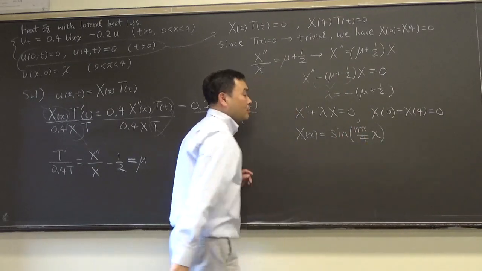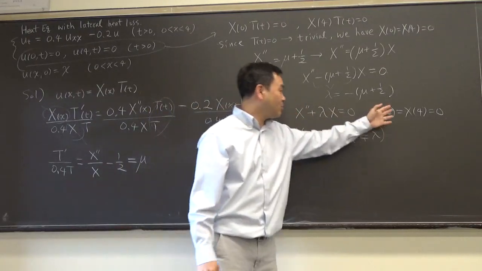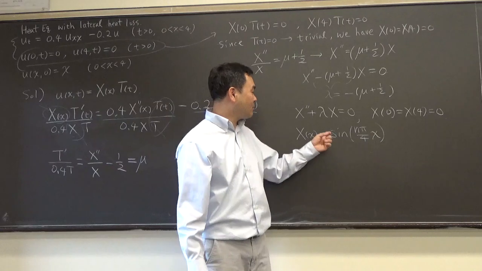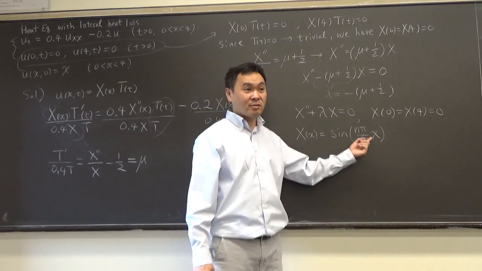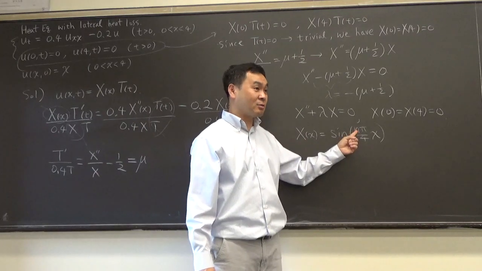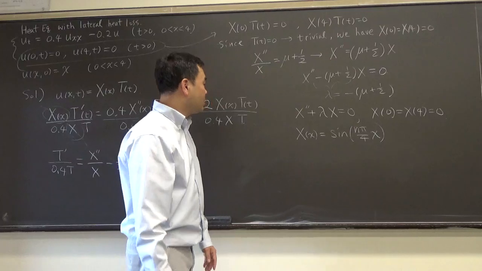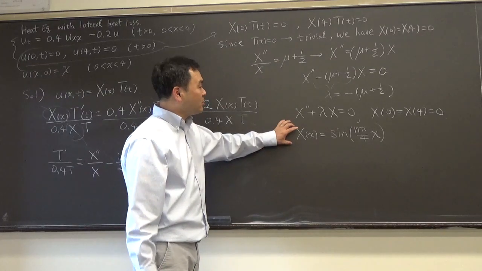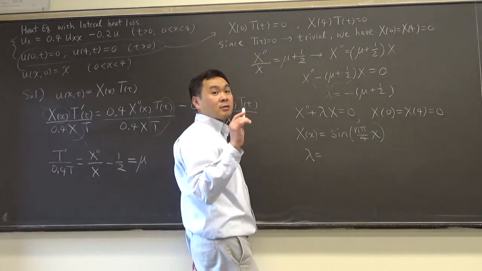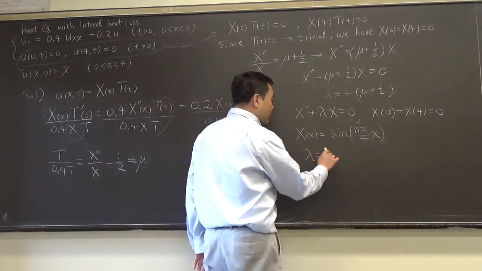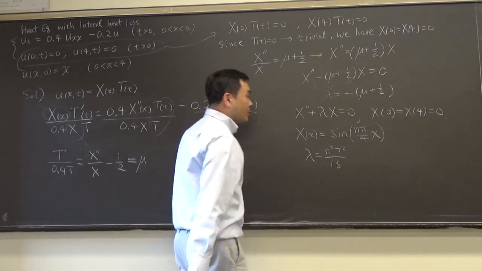So if you want any non-trivial solution of this condition, it must be some non-zero constant multiple of sin(n pi over 4 x), with n being a positive integer. And such solutions will only exist for lambda values equal to what? N squared pi squared over 16.